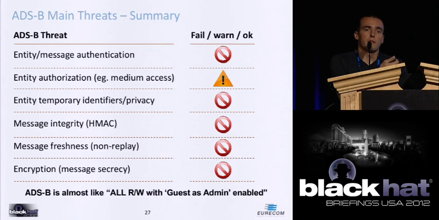It has two wide implications. It means that any attacker can pretend to be an aircraft. And second, any attacker can craft any message because there is no authentication on the message itself.